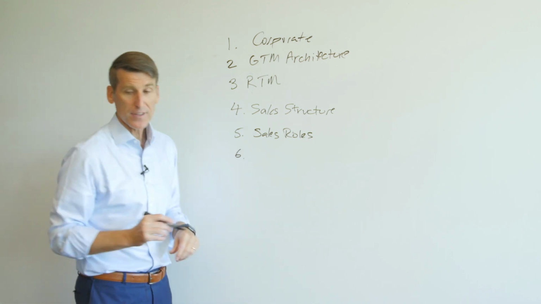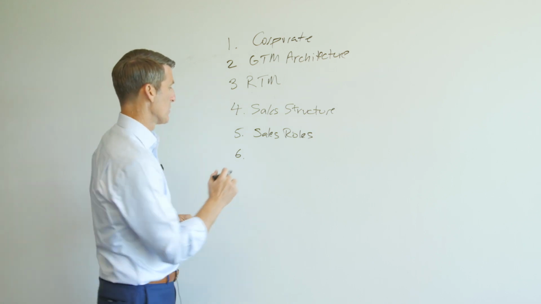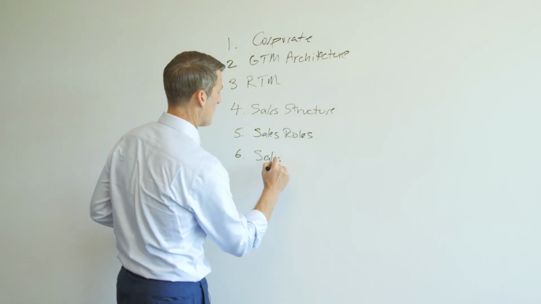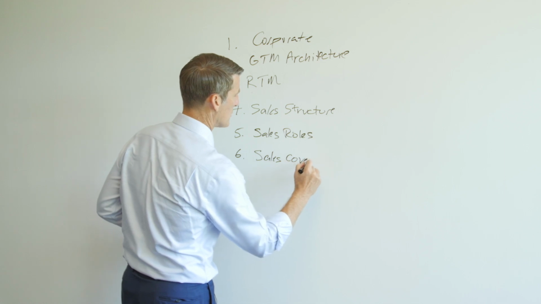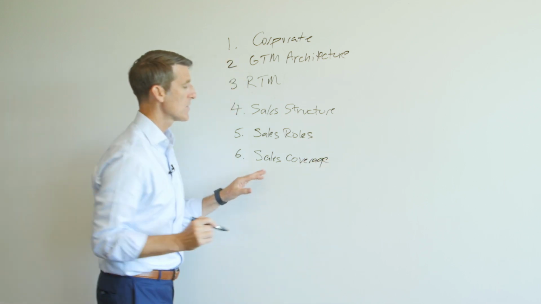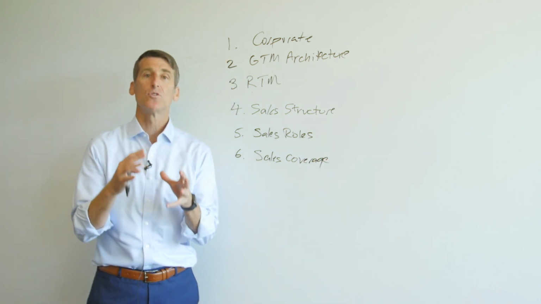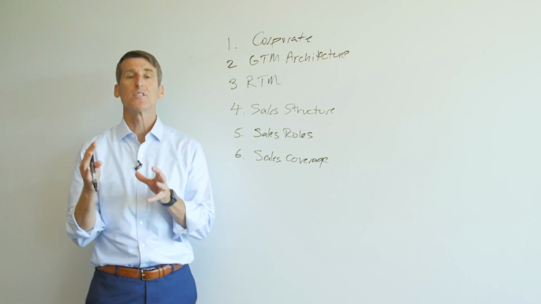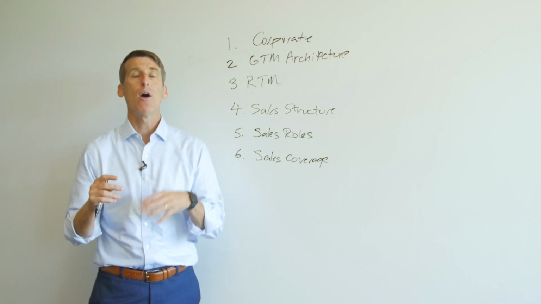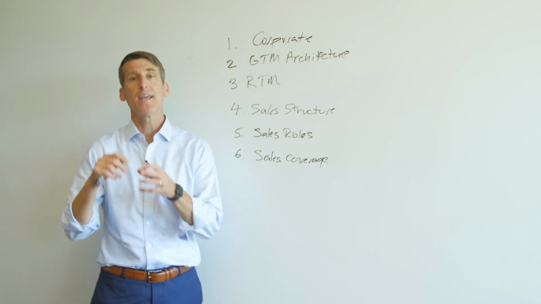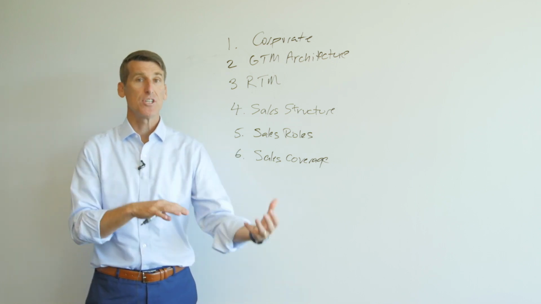And then the next critical step is sales coverage. Okay, so after you've figured out the sales roles, now you're into the sales coverage. And this means thinking about, okay, how are you going to allocate those resources? What's the best way to cover that market? How many AEs do you need? How many AMs do you need? How many SDRs do you need?